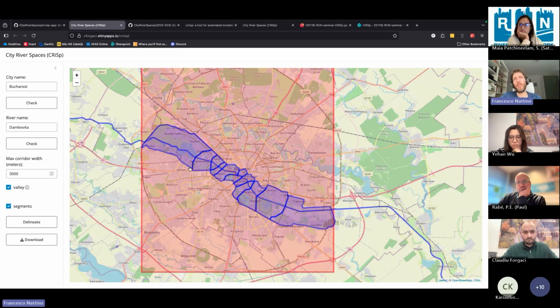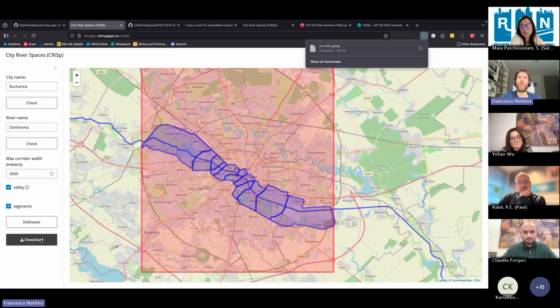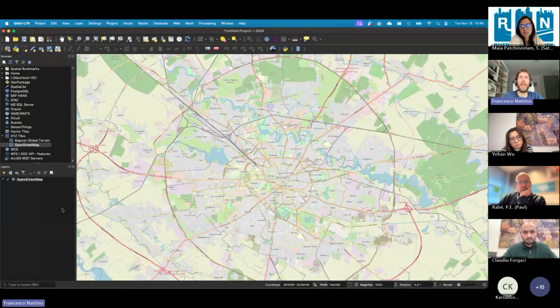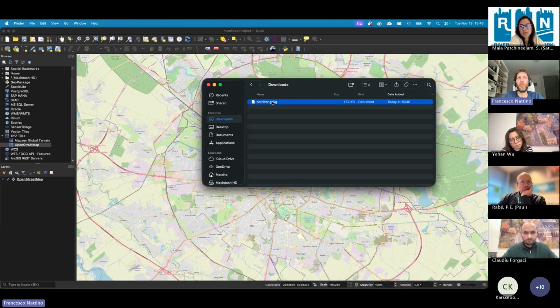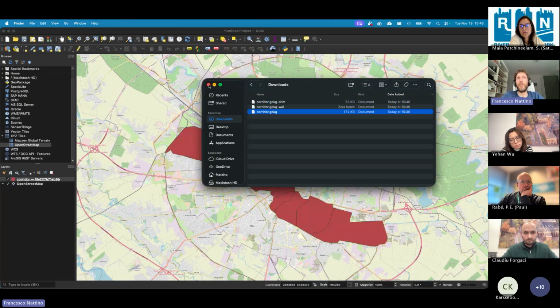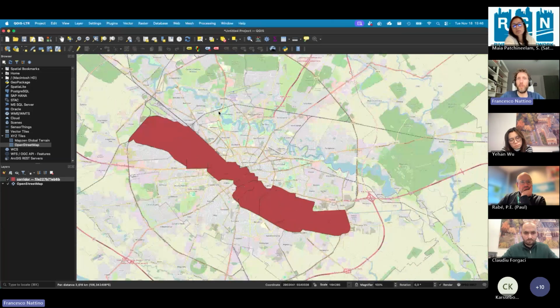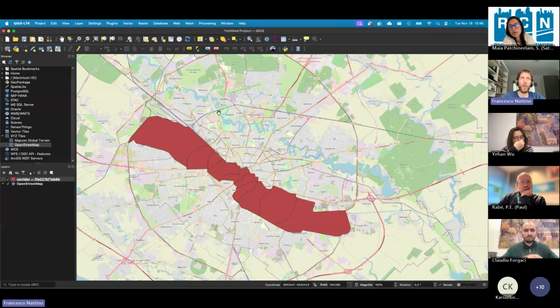So when the output is ready, it can be downloaded, and one can then take the delineated output and use it, for instance, as input in your own GIS software.